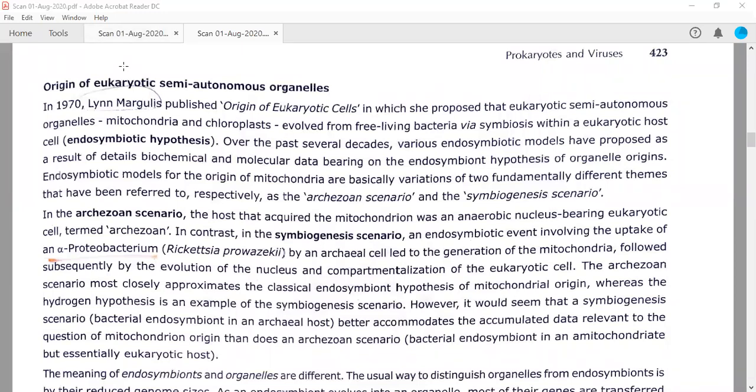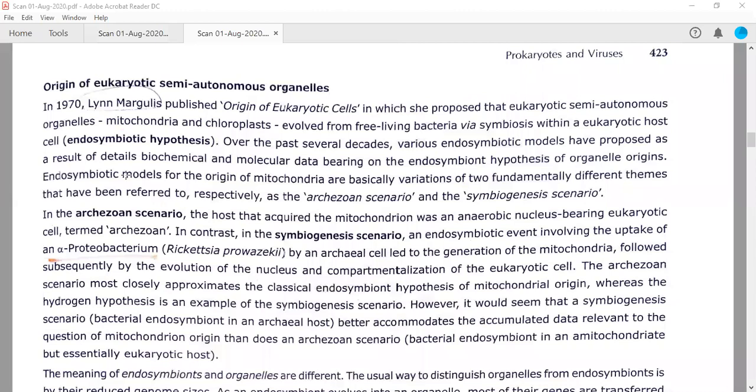One is a prokaryotic cell and one is a eukaryotic cell. This prokaryotic cell was engulfed by this eukaryotic cell, because this was large in size and this was small in size. Later on they started living in a symbiotic relationship, which led to the origin of two important organelles within the eukaryote. One is mitochondria, one is chloroplast.